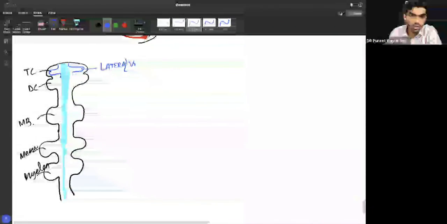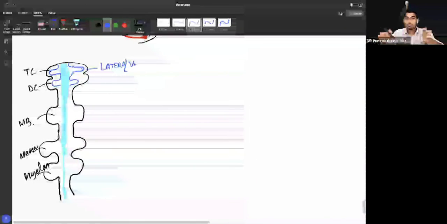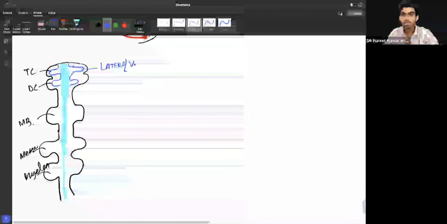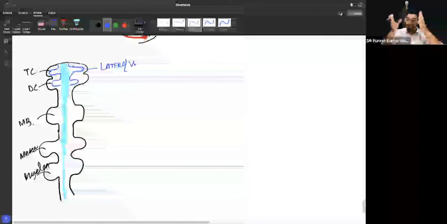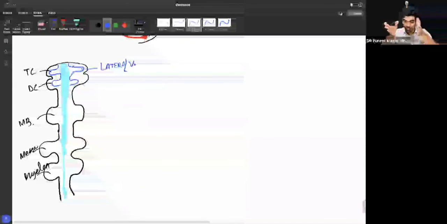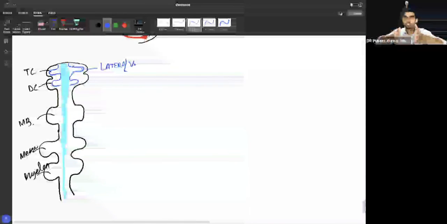Now the portion of the neural tube cavity which is present at the diencephalon region, in between the two thalami. Both thalami are present in the medial portion of the cerebrum.